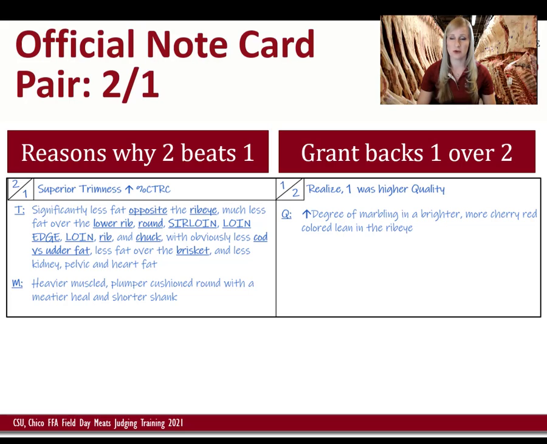So we are going to grant back that number 1 had a higher degree of marbling and a brighter, more cherry red colored lean in the ribeye. So I understand that this note card is written as a format for a set of reasons, but reading this note card, you can picture in your mind what those carcasses actually look like.